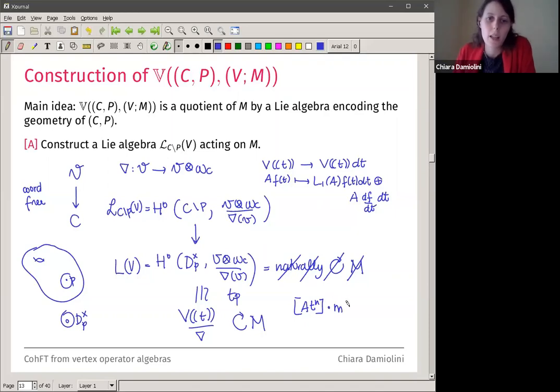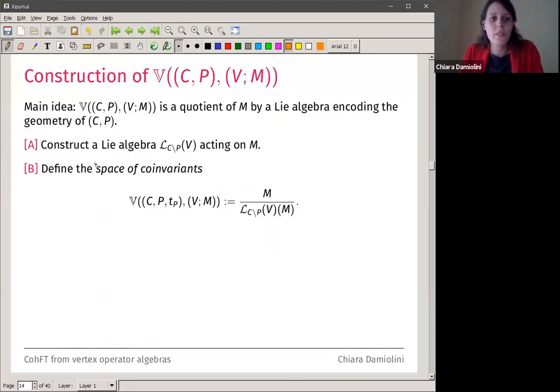This will act on an element m in M as the endomorphism associated with A and with n. So this was in the notation of the state field correspondence for modules. So maybe to wrap this up, what we showed is that this Lie algebra, up to a choice of a coordinate, acts on M. And so we could define the space of coinvariants depending on a coordinate as this quotient.